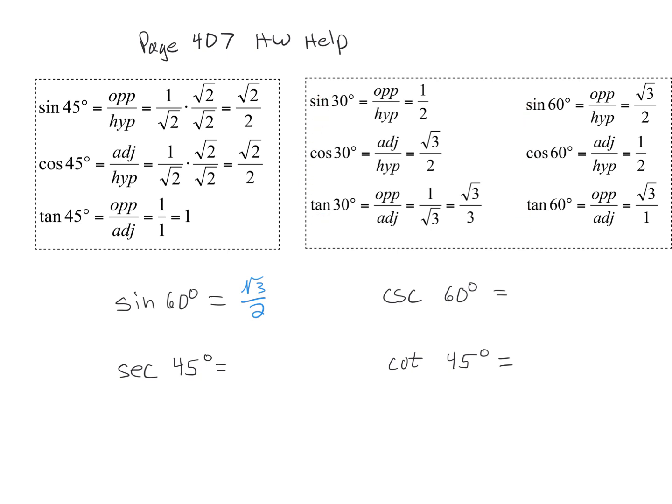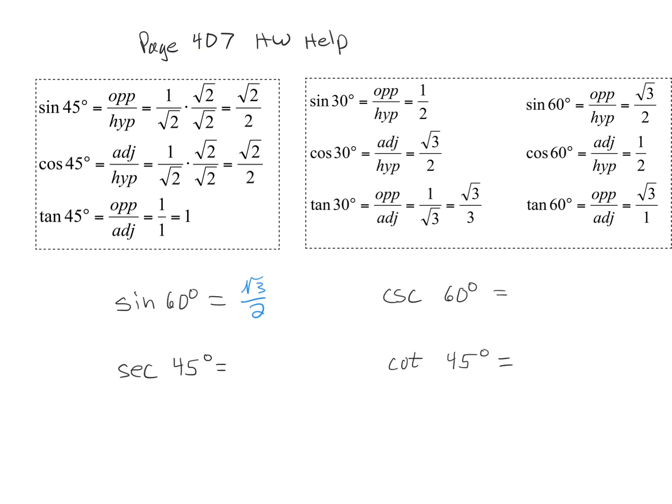But the problem comes when you have the reciprocal functions listed. So let's look at this one first, secant of 45 degrees. You need to, first of all, remember that the secant and the cosine are reciprocal. So if you need the secant of 45, you need to come up here and find the cosine of 45 and write down its reciprocal.